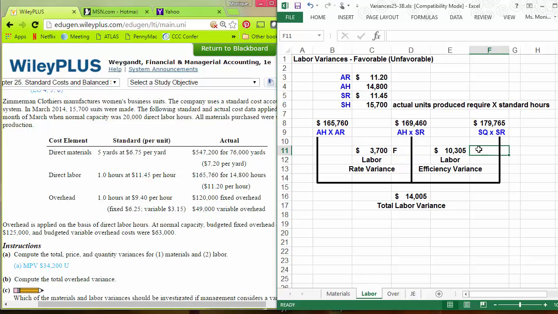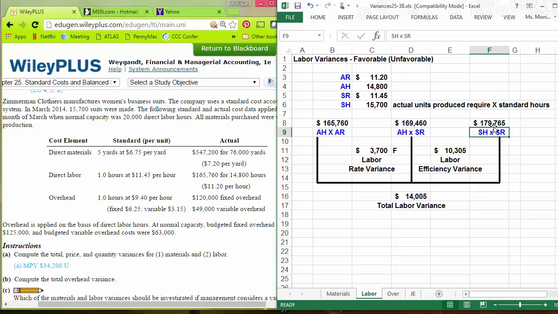Then we go on and calculate the last prong, which is standard quantity times standard rate. And again, oh, that's a little mistake. Let me fix that. Standard hours. So H and Q, depends on if you're talking about direct materials or direct labor. So standard hours, standard quantity, same difference.